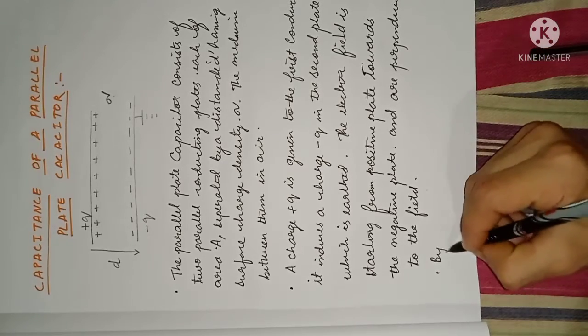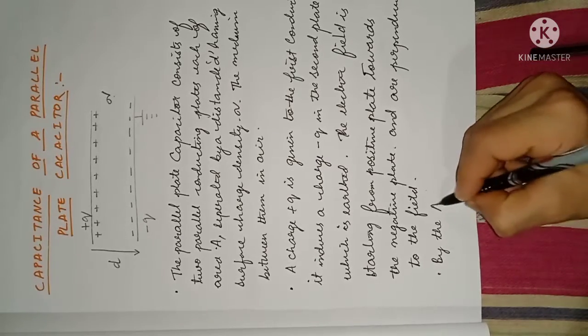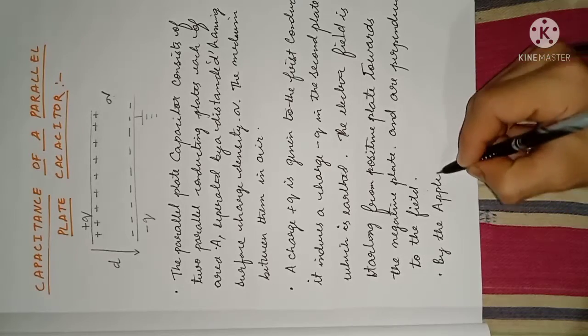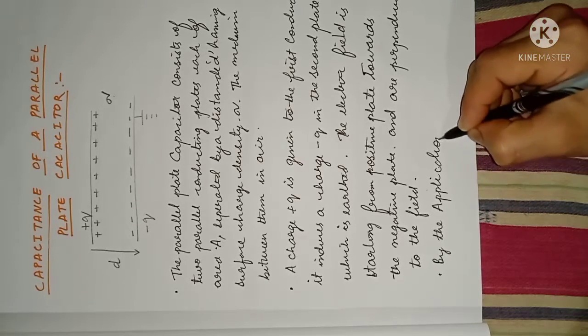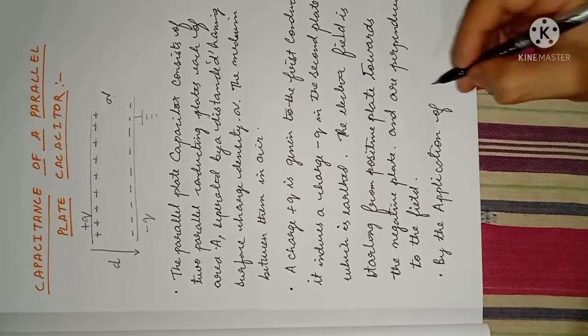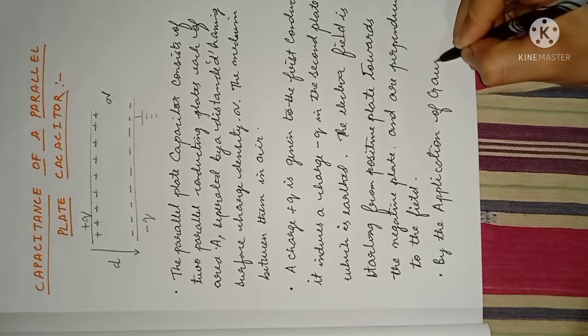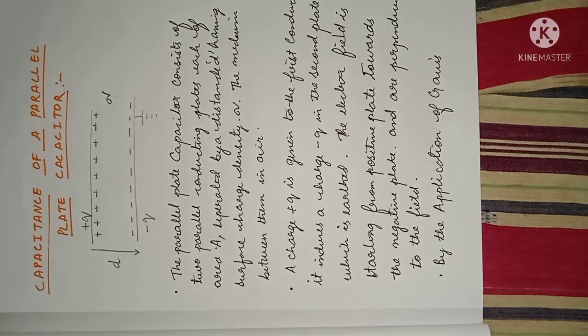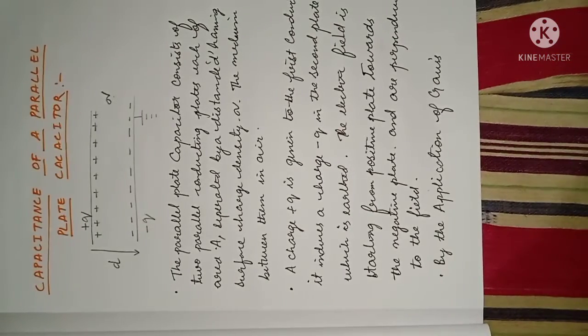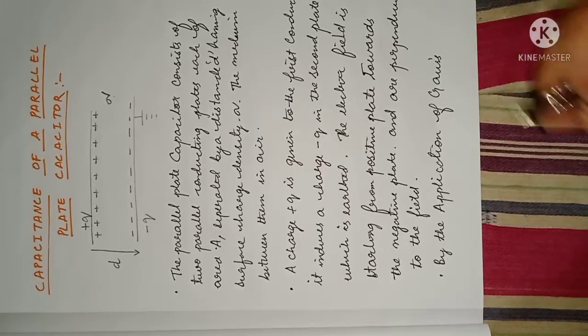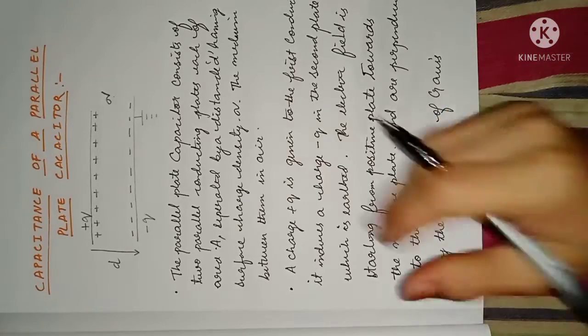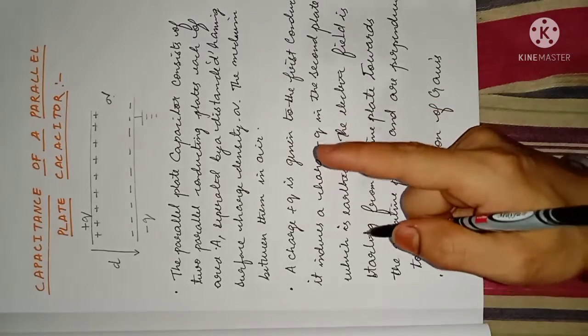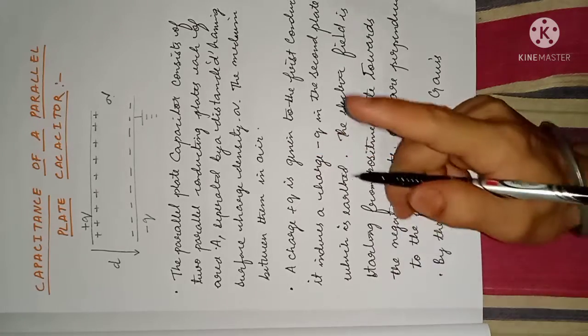By the application of Gauss law, since we have studied about Gauss law, Gauss law states that the total flux of the electric field E over any closed surface is equal to the net charge enclosed by the surface.